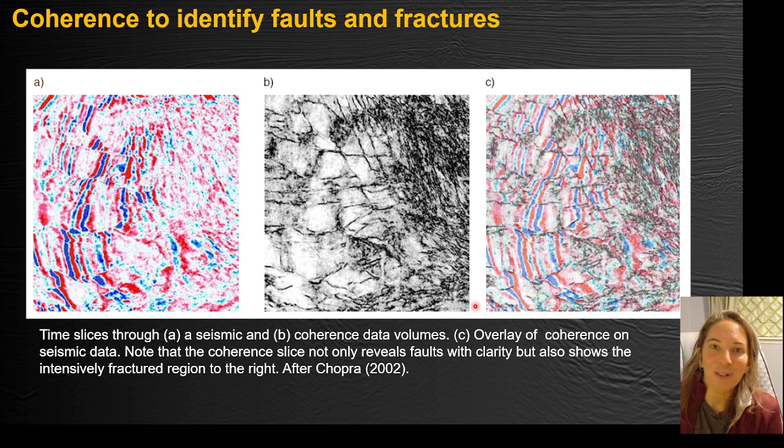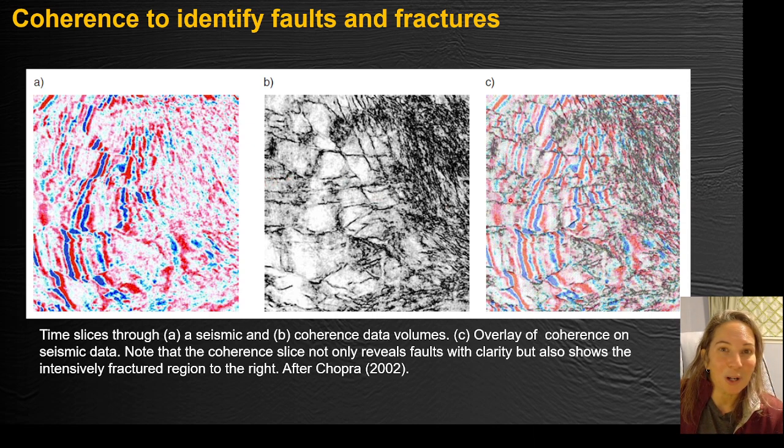It can also be really good for identifying faults and fractures. A lot of times when I show this in class, I'll just show the amplitude and ask the students to pick out the faults. They're really good at picking out the faults in the horizontal direction here, but they miss all the faults that are going vertically or along strike.